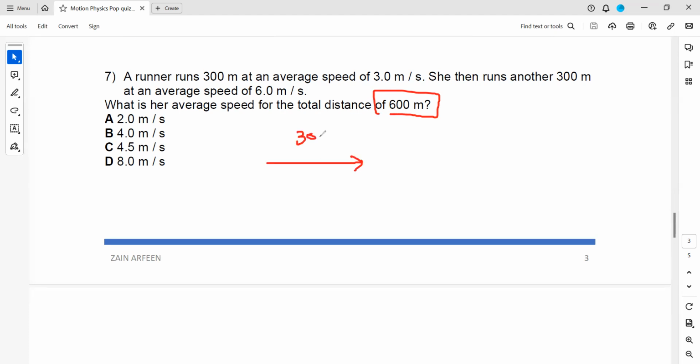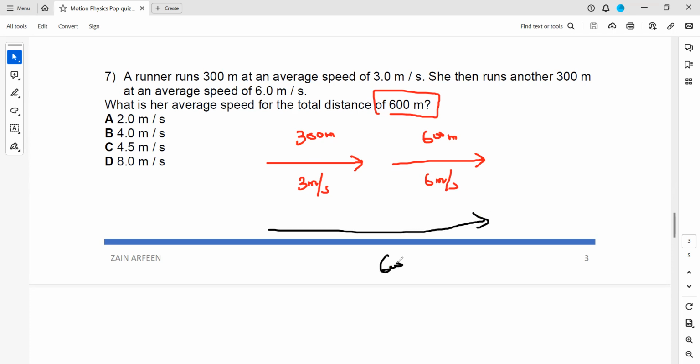First the runner runs 300 meters at 3 meters per second. Then the runner runs another 300 meters at 6 meters per second. So we need the average speed for the whole 600 meters.